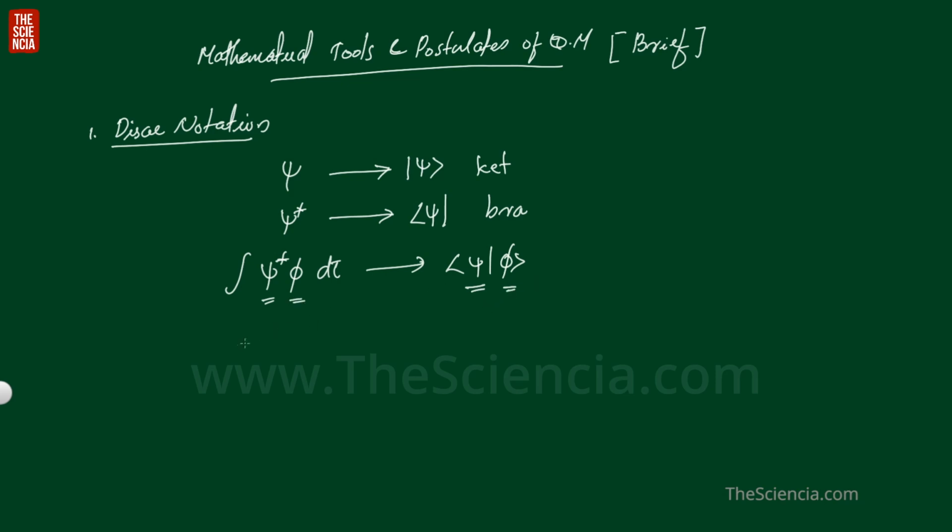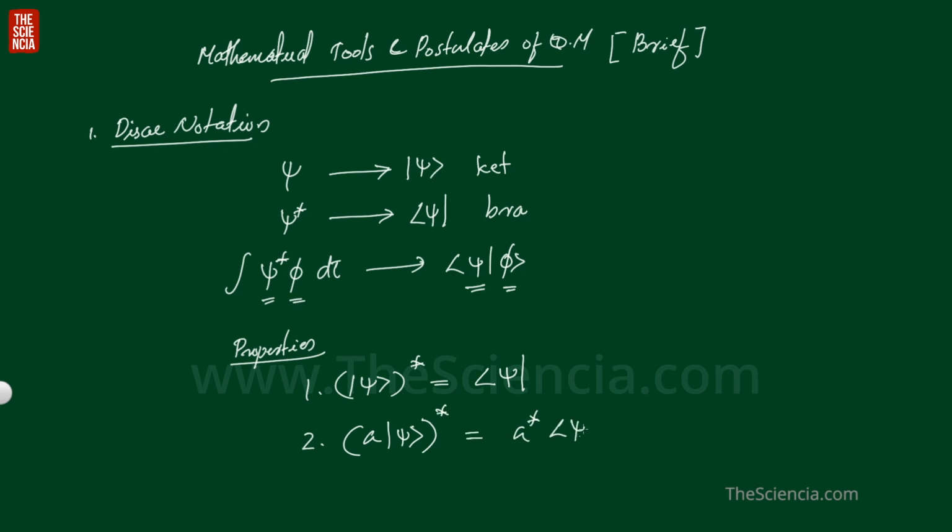And now I am going to tell you some properties of this representation. First one, let us consider a ket psi, and if you take its complex conjugate, then we will get the corresponding bra vector. Second property, if there is a vector a ket psi, and now we take its complex conjugate, then we get a star bra psi.